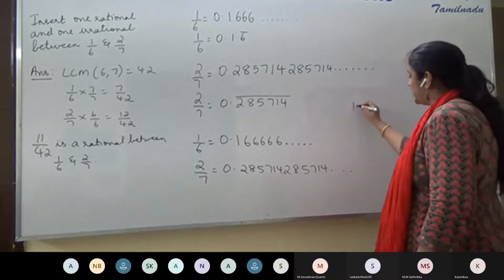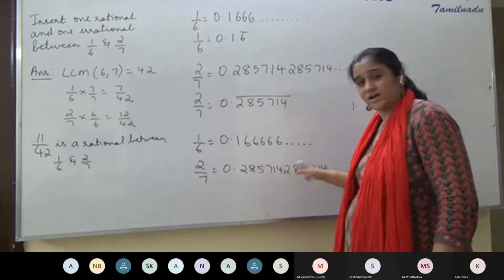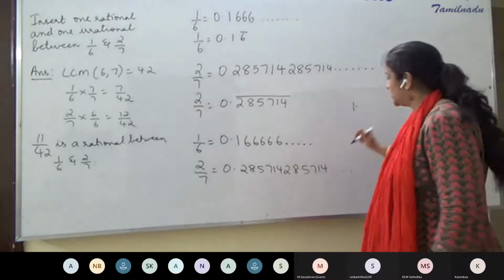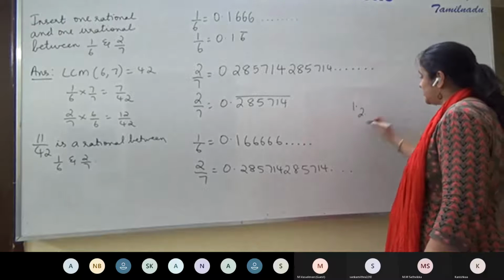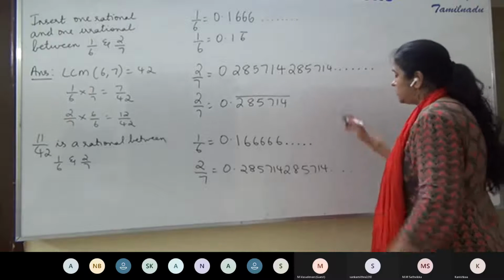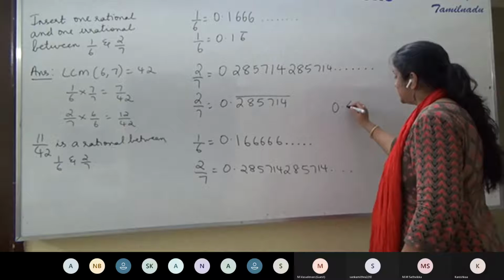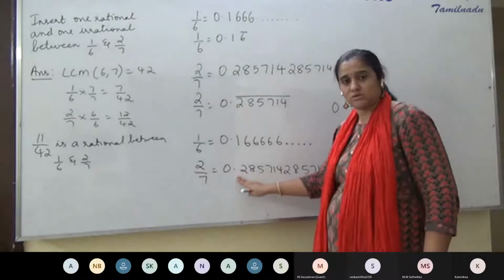This one is 0.16. This is 0.2857. So I cannot write 1 point something, or 2 point something, 3 point something. I cannot even say 0.4 and something, because this is 0.1, this is 0.2.